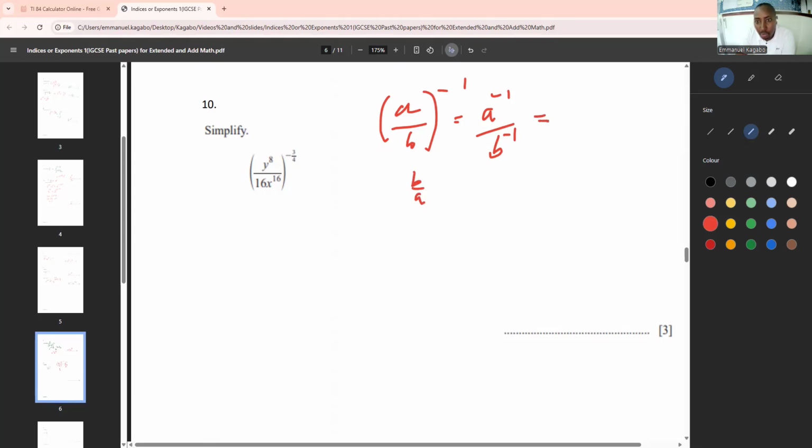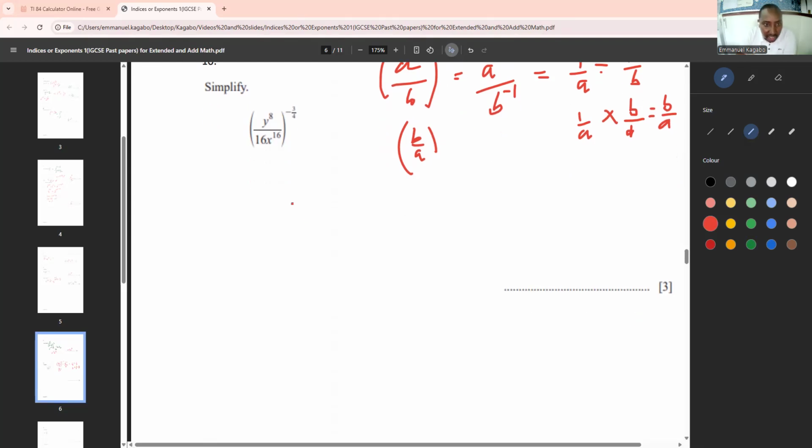If you want, I can continue here. It's 1 over a divided by 1 over b, and then it will give me 1 over a times b over 1, and then gives you b over a. All together, guys, this is that. Instead of wasting your time doing that, you just write this and you're done.